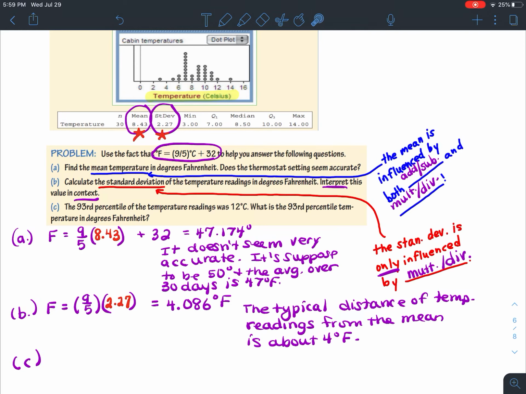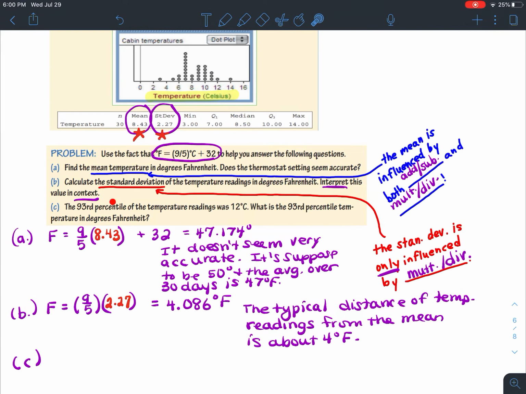Part C, the 93rd percentile of the temperature readings was 12 degrees Celsius. That's not something that we have up here in our computer output, but they're telling you that this is where the 93rd percentile falls. They want us to convert and figure out what the 93rd percentile would be in degrees Fahrenheit. Now, we're using this formula.